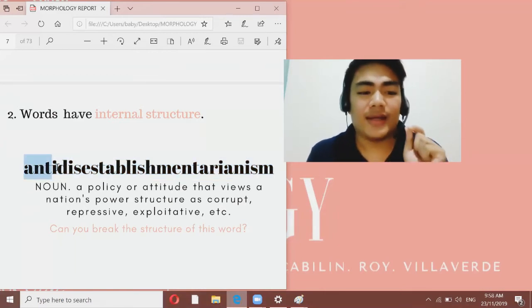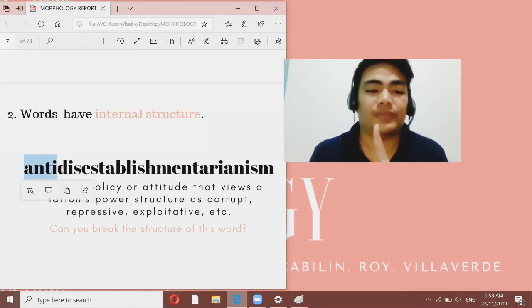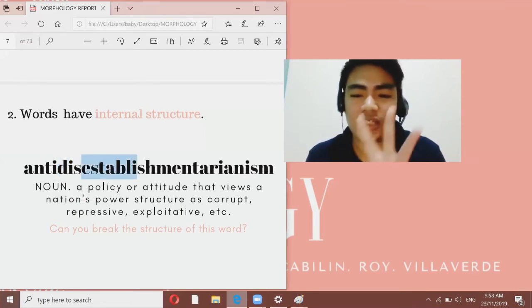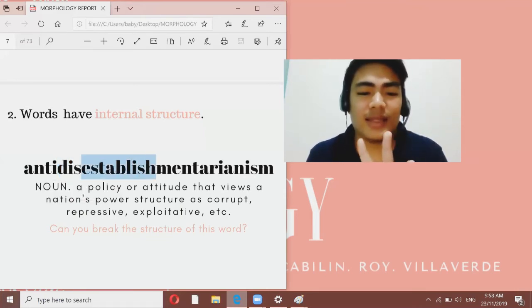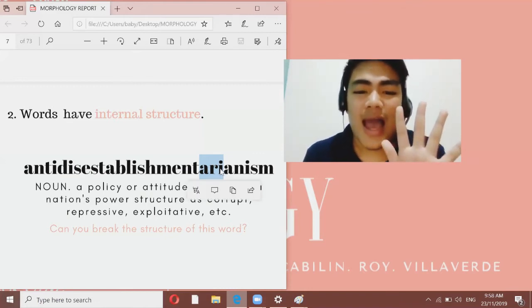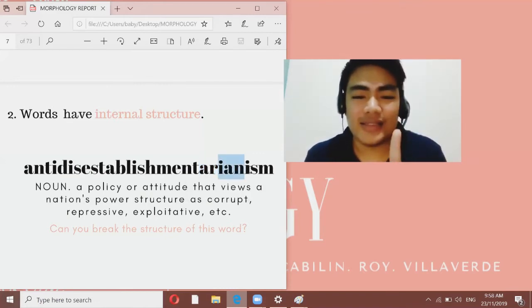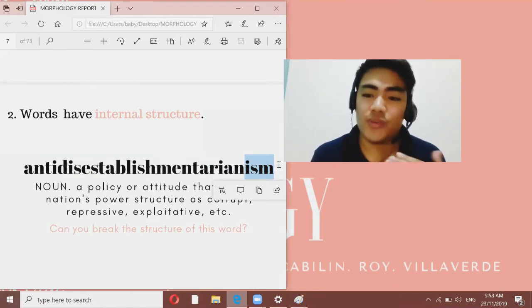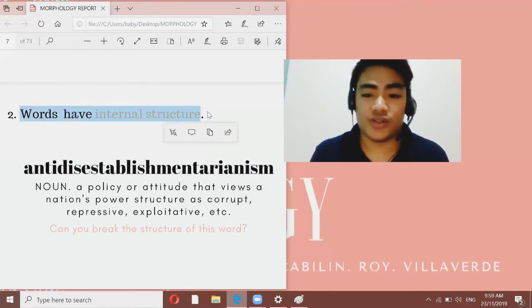Let's have the following: anti, and then this, and then the root word establish, that's the third, and then meant, that's the fourth, ari, that's the fifth, ayan, that's the sixth, and ism, that's the seventh. So there are 7 parts in this word, which only proves to show that words indeed have internal structure.